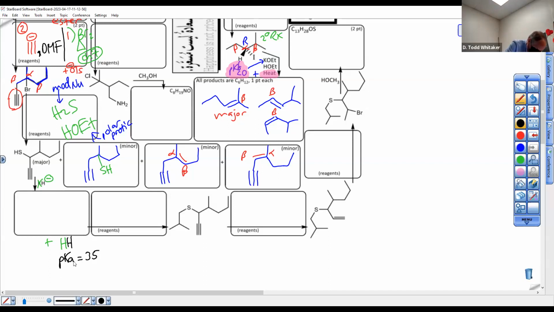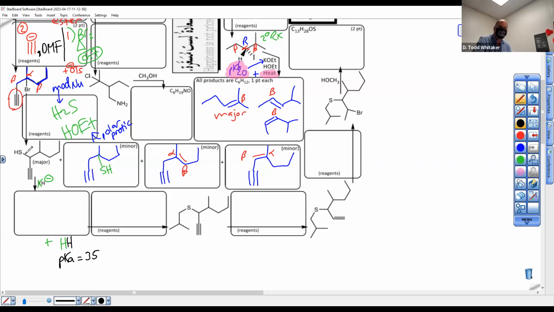Acid base. Here's an acid, you don't know the pKa. There's a periodic table. What's the element above sulfur? Oxygen. If that's an O, what's the functional group here? Alcohol. pKa of alcohols, what is it?